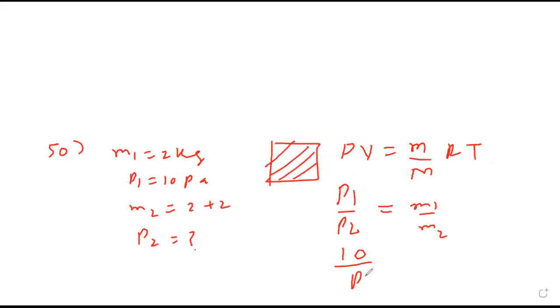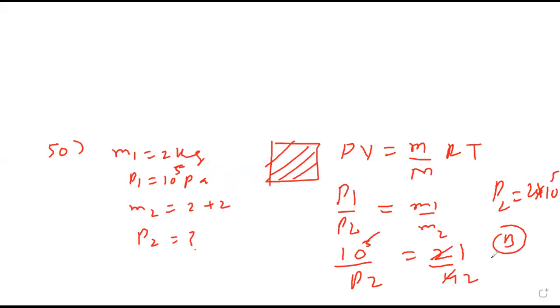So 10 upon new pressure is 2 upon 4. Therefore new pressure equals 20 Pascal. Actually 10 raised to 5, so it will be 2 into 10 raised to 5. Option B.